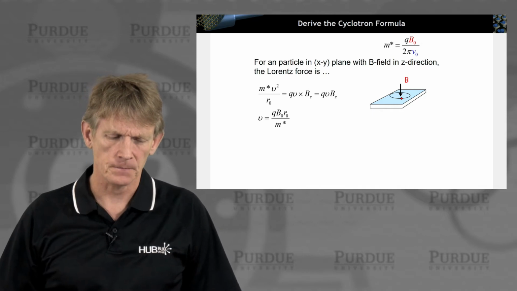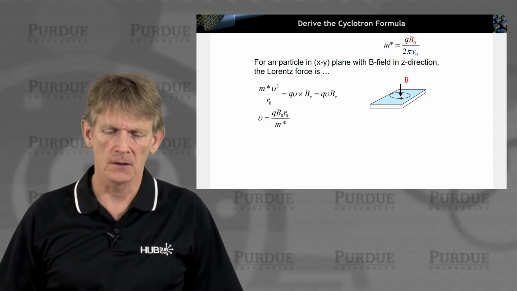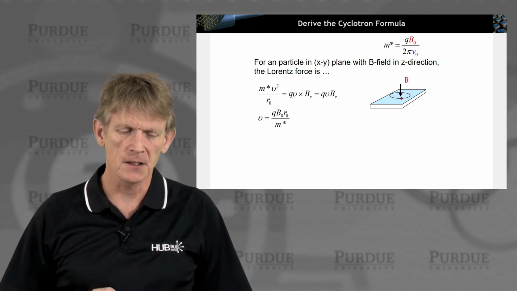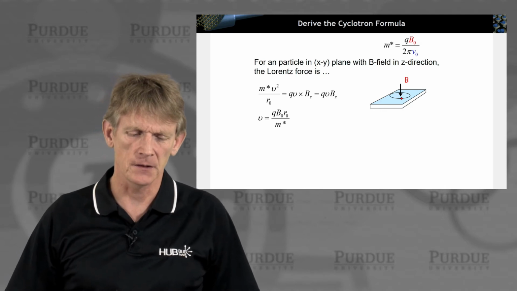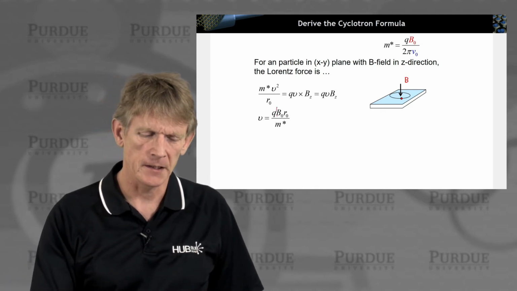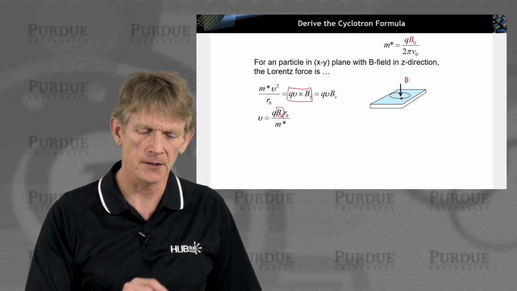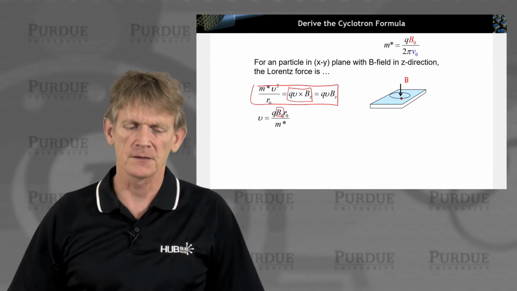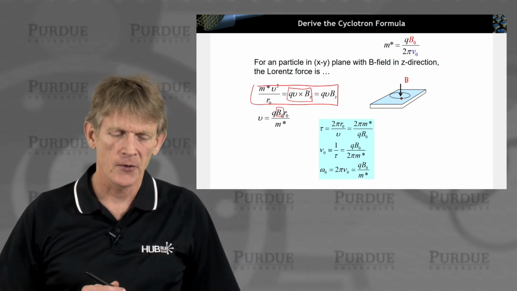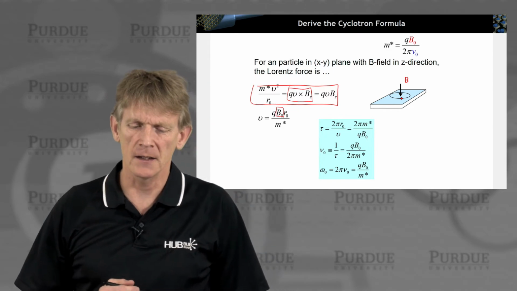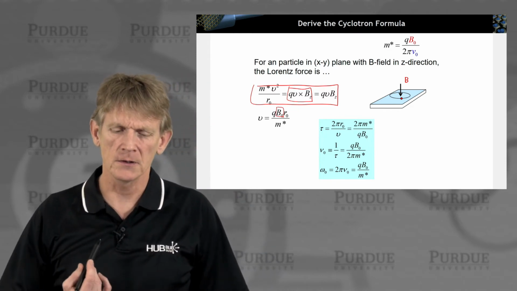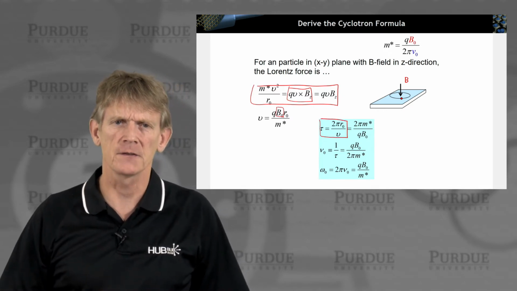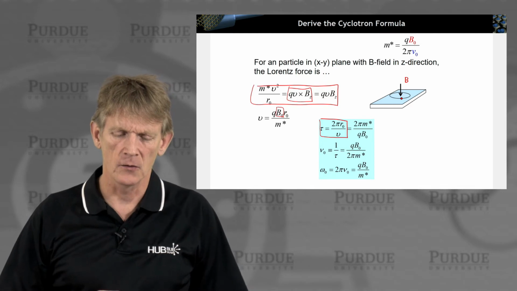All right. Now, let's look at this 1D problem of a spherical dispersion. We have the Lorentz force acting on the electron, and we can calculate the velocity of the electron as a function of the magnetic field. So here's the Lorentz force on the electron, and we can resolve this expression for the velocity of the electron. If we have the velocity, we have the time it takes for the electron to go around. That's this tau, which is 2 pi r, the circumference of the circle, over the velocity.